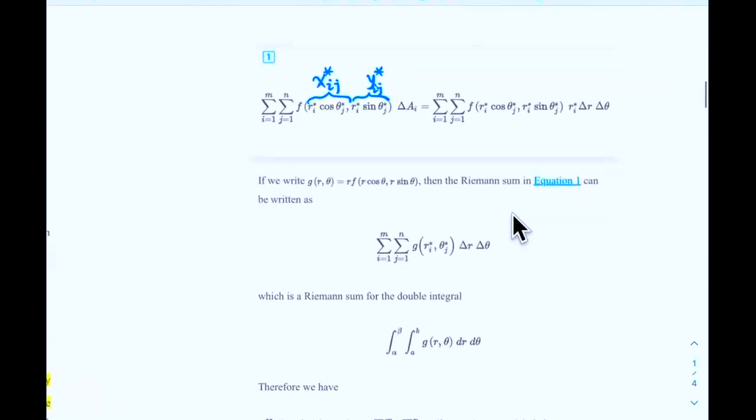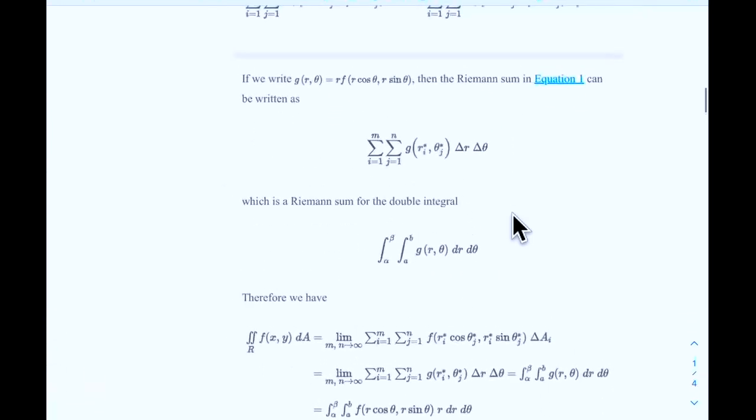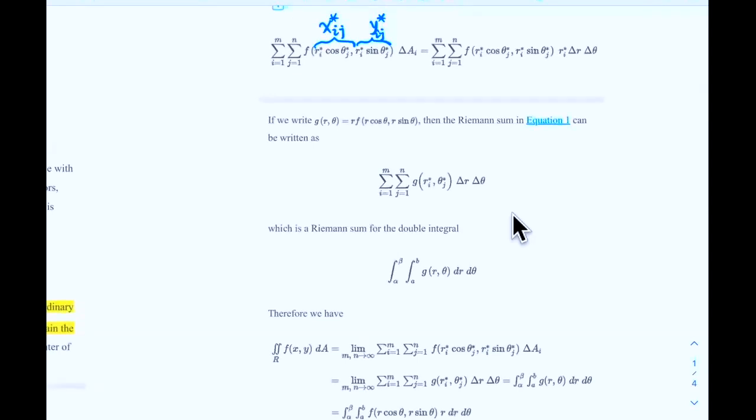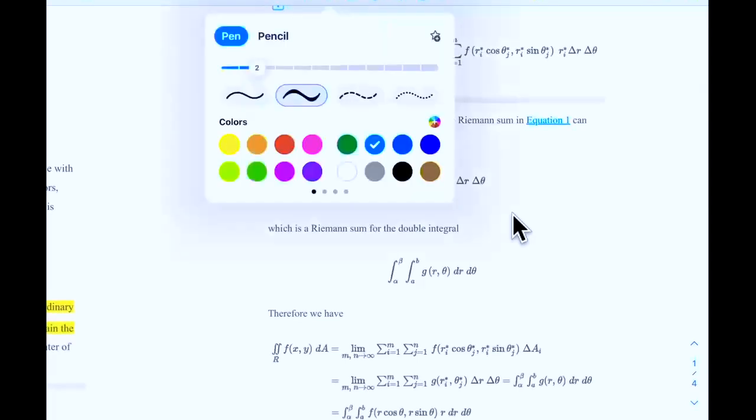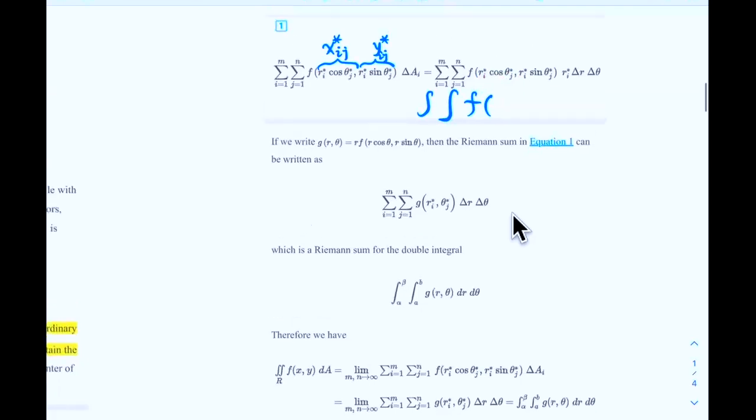After all this, what does it turn into? It is going to turn into a double integral of f. The x is r times cosine theta, and then this one over here is r times sine theta.